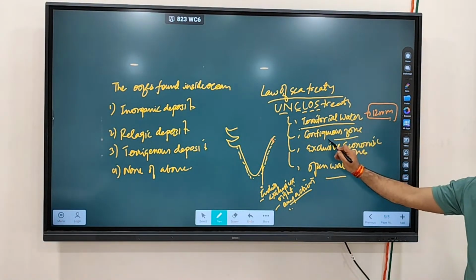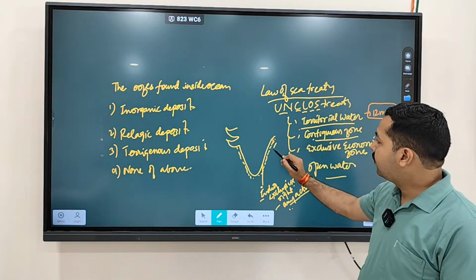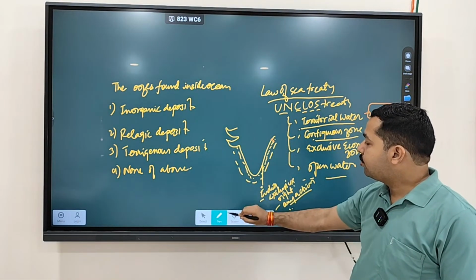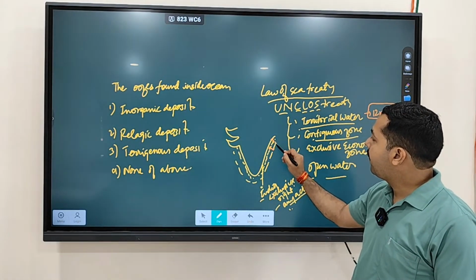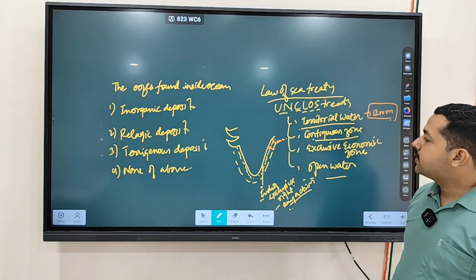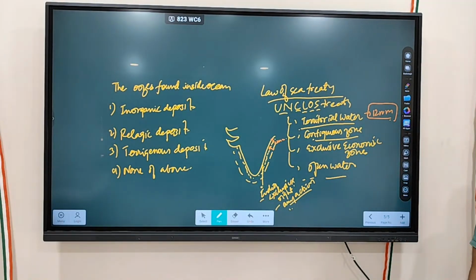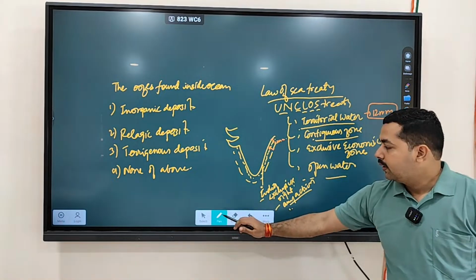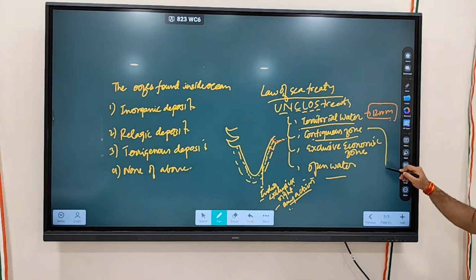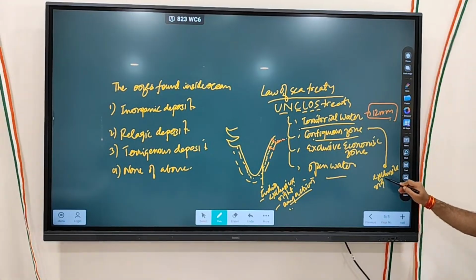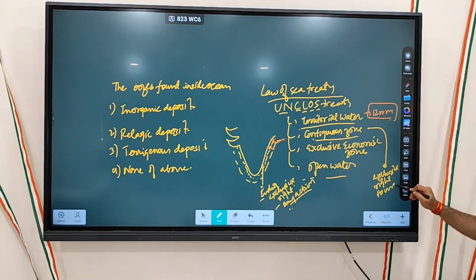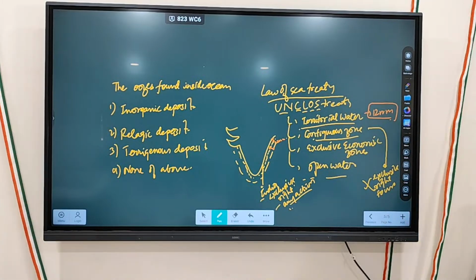The second is another 12 nautical miles from here. We call it the contiguous zone. Beyond territorial water, what you have is a contiguous zone. Now, what is the contiguous zone? In this water India doesn't have exclusive right to use. No exclusive rights are there.